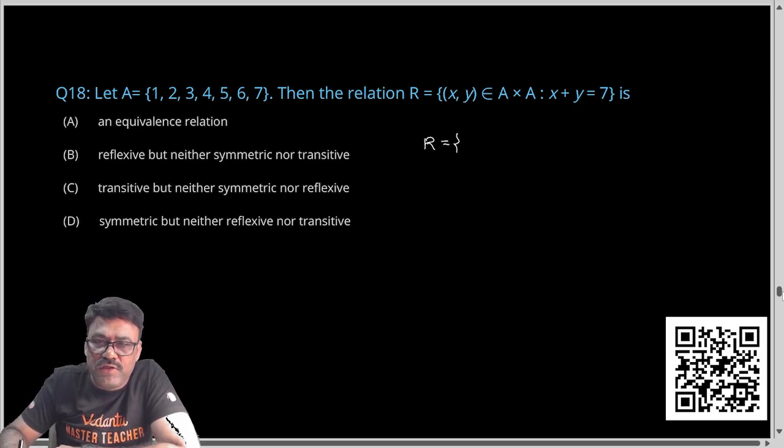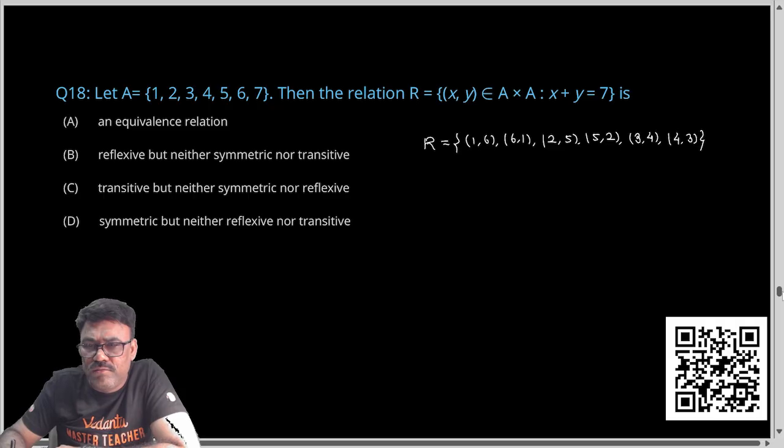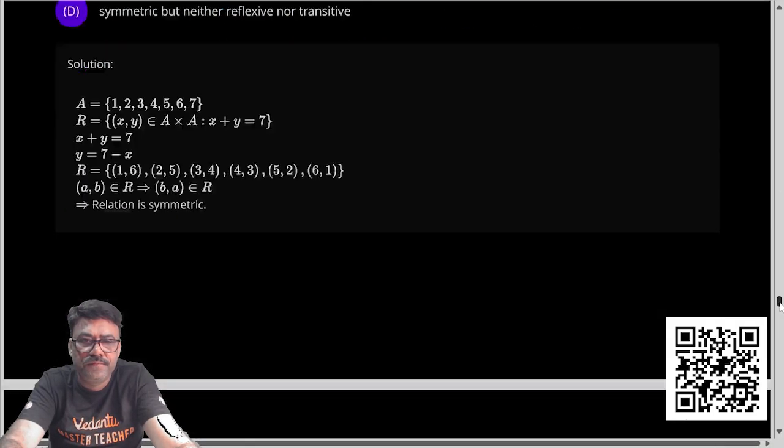So obviously it will contain (1, 6), then of course (6, 1), (2, 5), (5, 2), then (3, 4), (4, 3). And it is obvious that this is a symmetric relation, neither reflexive nor transitive. So this relation is symmetric but neither reflexive nor transitive, means option D is the correct option.